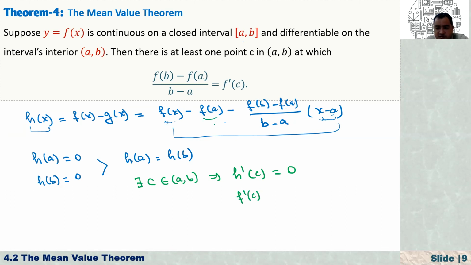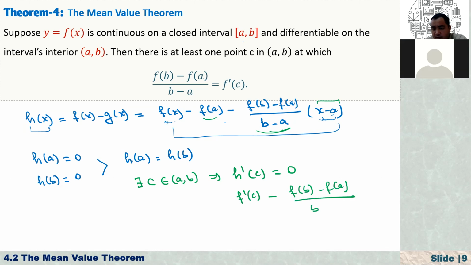If you differentiate, it is equal to 0. And here, this thing is just a coefficient. X minus a's derivative is equal to just 1. So here we have minus f of b minus f of a over b minus a is equal to 0. Now, if I take it to the right-hand side, we will get the mean value theorem.